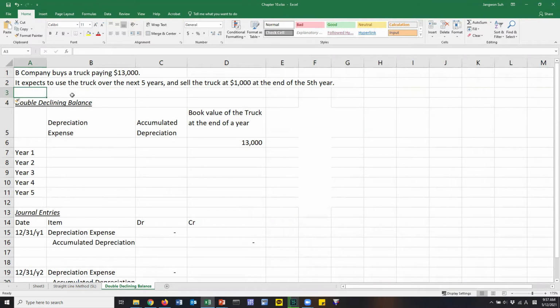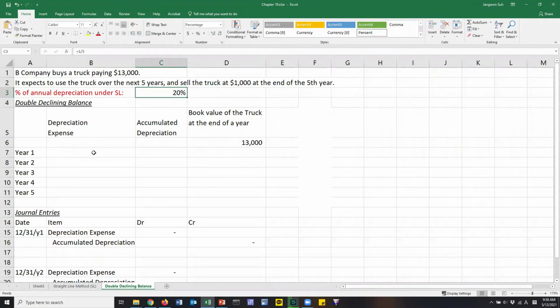Under the straight line method, how much did we depreciate each year? We spread the amount equally, the key is equally, over 5 years. So it was 1/5, right? Which was 20% each year.